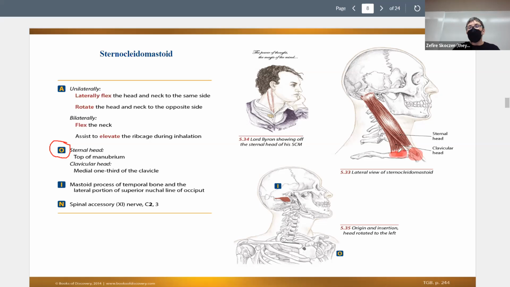And both of those are very palpable, so if you want to feel on yourself right now, right at the little divot at the middle where your clavicles come together, right at the top there. And if you feel actually coming down and trace your sternocleidomastoid down, then you can feel where that attaches.